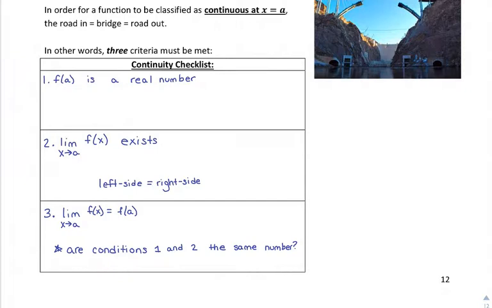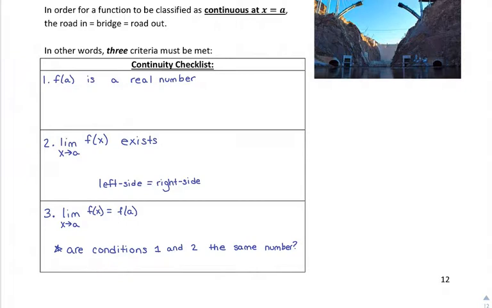The second is seeing if the limit exists. We have to make sure the left side and right side are the same. Step 3 is saying, if the limit and f of a are the same number, then it's continuous. If the limit and f of a are not the same number, then it's not continuous.